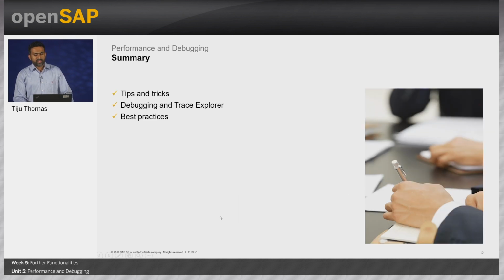Just to summarize, I gave you some quick tips and tricks on performance and debugging in the Cloud Application Studio, showed you how to debug a small piece of code, and explained the trace explorer and debugger. As part of the demo we again saw how you can run the performance check and the best practices.